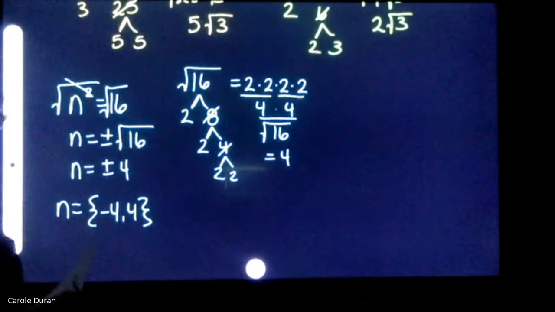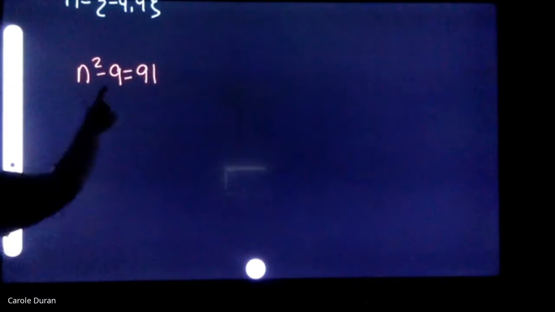Let's go ahead and do another one very similar to this one. This time I'd like to have n squared minus 9 equals 91. Just like before, I'm going with the shortest way of solving this, and that is to add the 9 over.